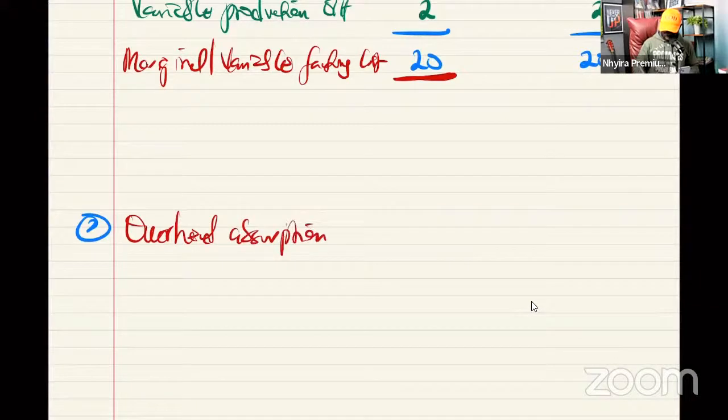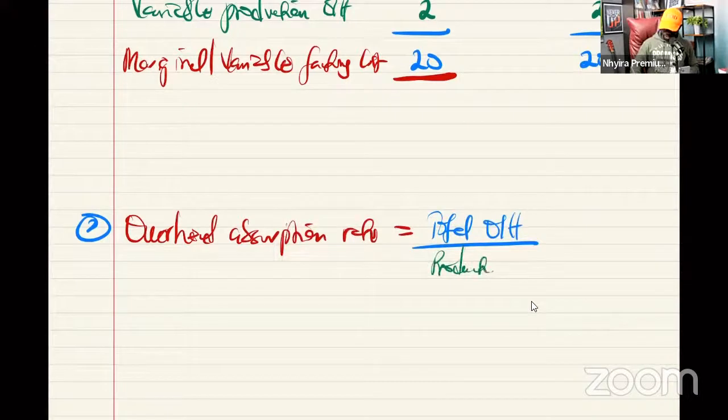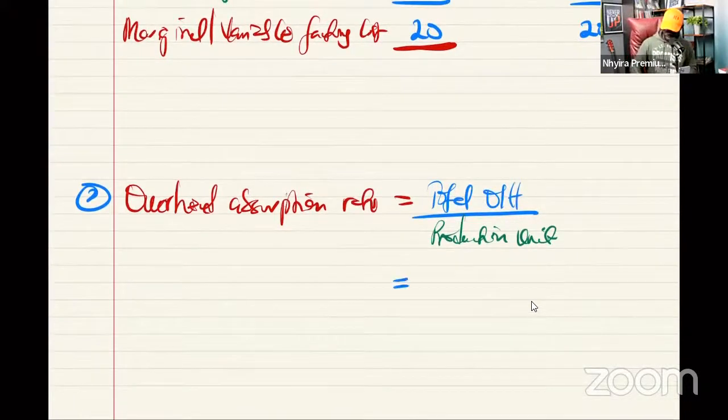And that is going to be the total overheads divided by the production units. So it means in this question, we are absorbing the overheads using the production units. The total overheads in this question, we are told every month is 40,000.